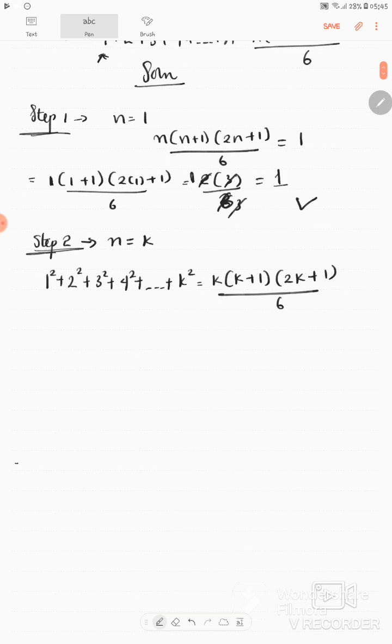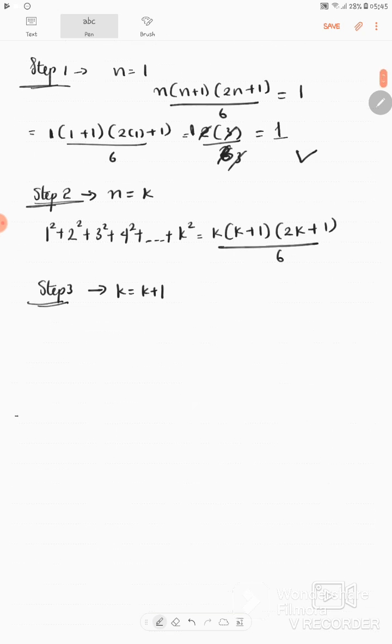Now going to the third step, which says to assume that k equals k plus 1. That is, anywhere you see k you put k plus 1. Now let's start by saying 1 square plus 2 square plus 3 square plus 4 square plus all the way plus k square.